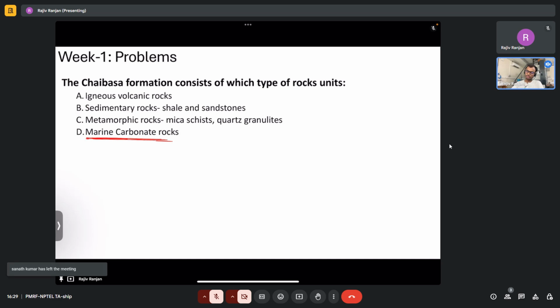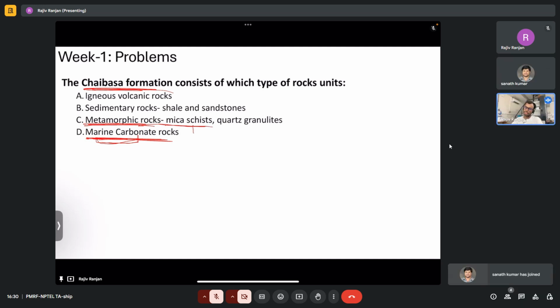If you see here, it indicates marine carbonate. We are talking about the Chaibasa formation, right? So it's not related to any marine environment. It mostly has metamorphic rocks, and in the field, at least in our initial understanding, it's a mica schist.